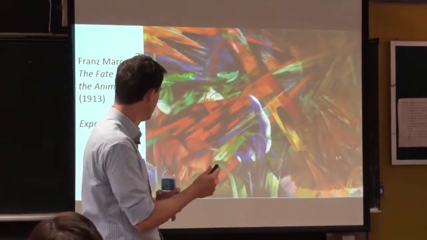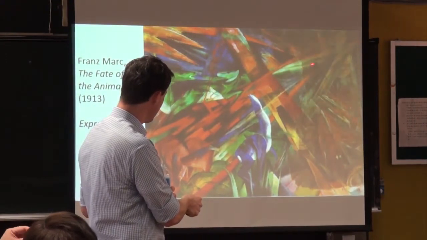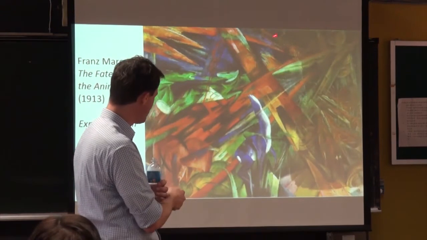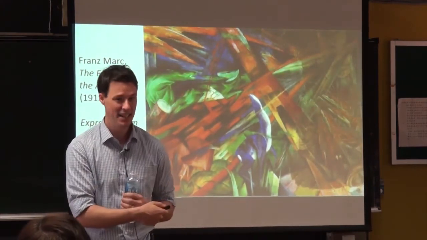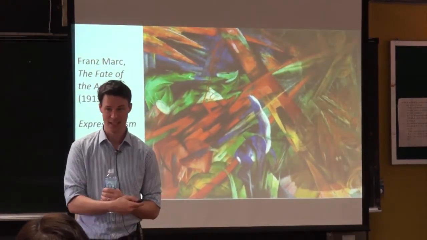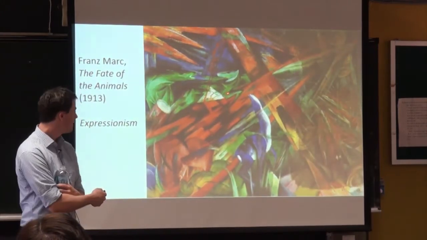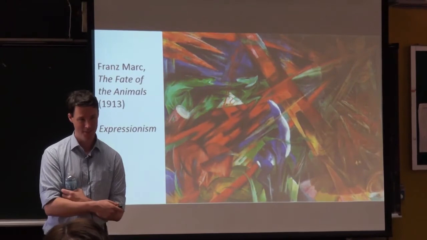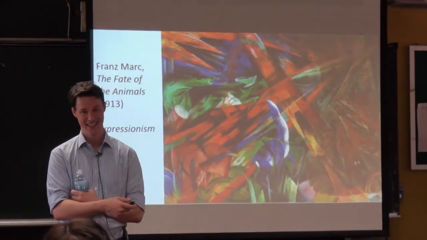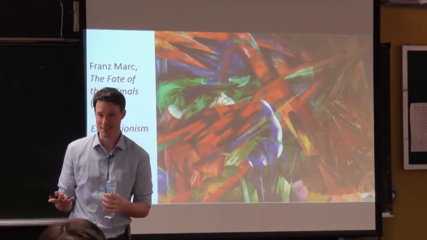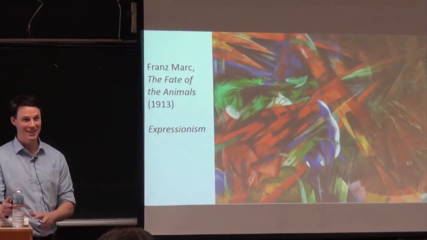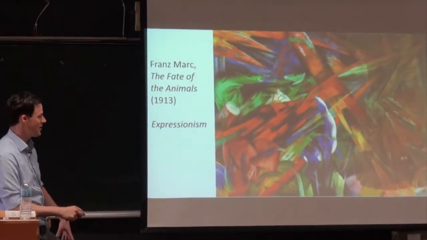What is it? These shapes over here, what are they? Is that a bullet? A bullet from a gun? Is it a bullet? Is it a missile? Is it a stick? Who knows? Who knows for sure? We don't really know. It's very abstract.